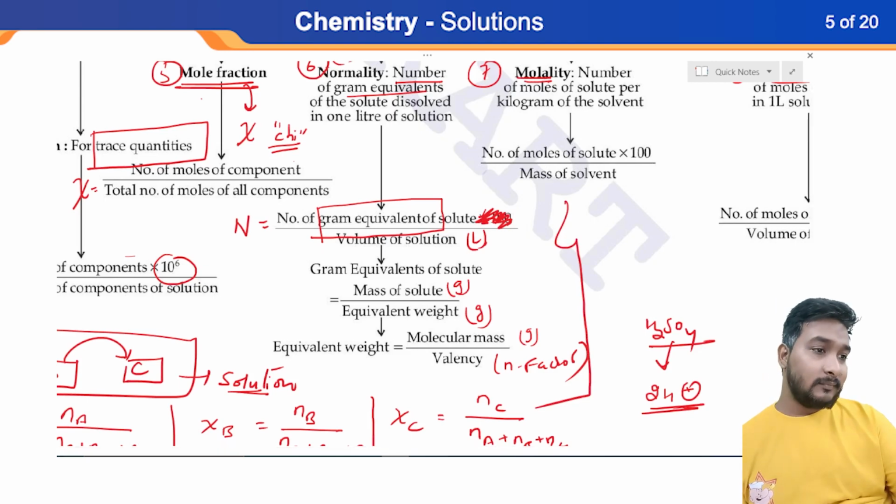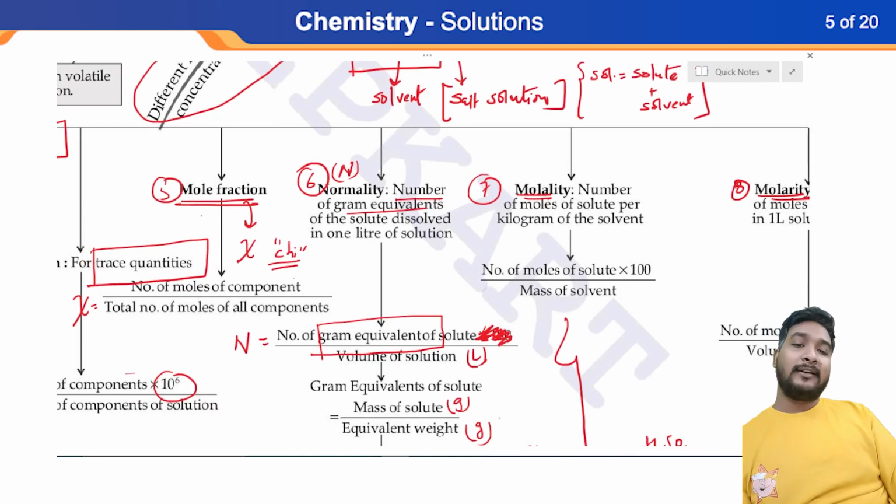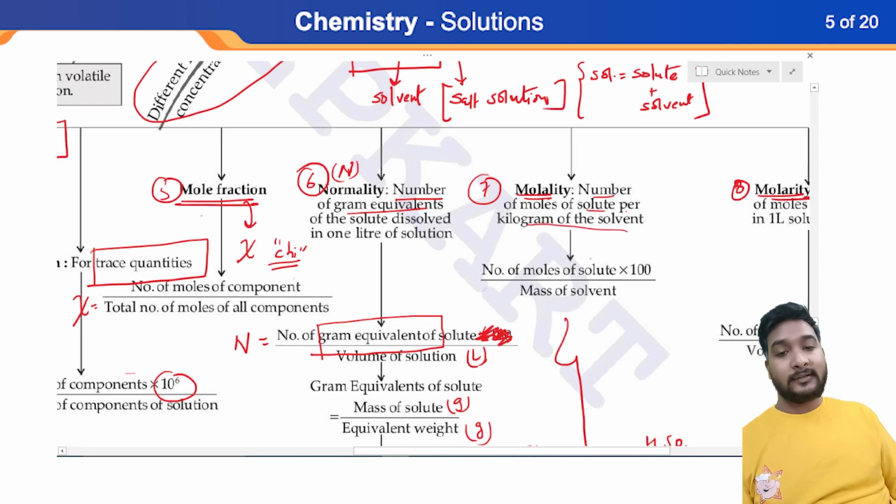Okay, now next one, molality. How many moles of solute are present in the given weight of solvent? See the definition: number of moles of solute per kilogram of solvent. So 1 kg of solvent, right?